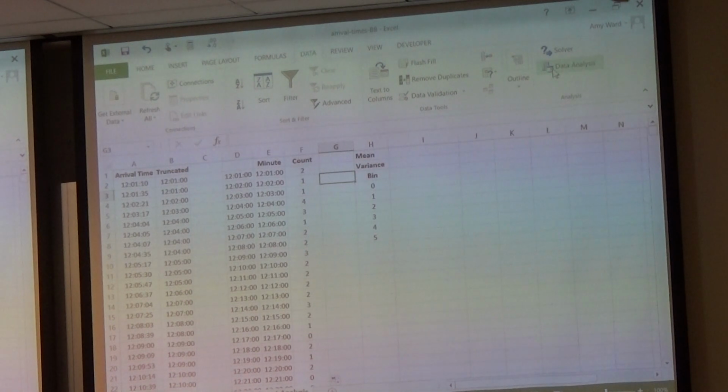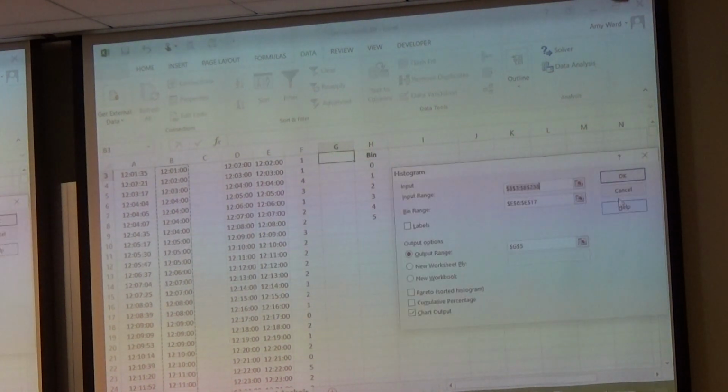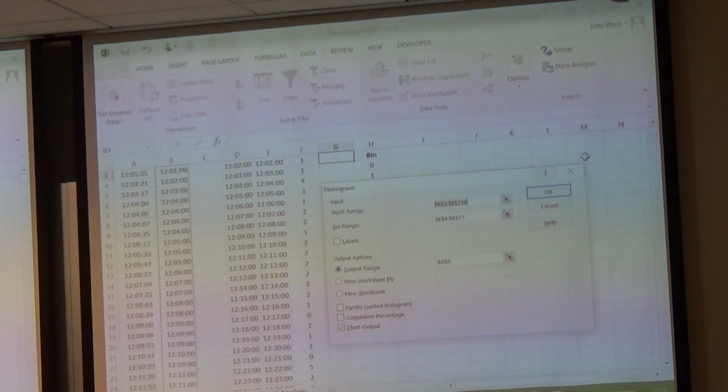I'm going to do data analysis, histogram. And what's my data? My data is my counts. So these are my observations: every minute, how many people do I see arrive?